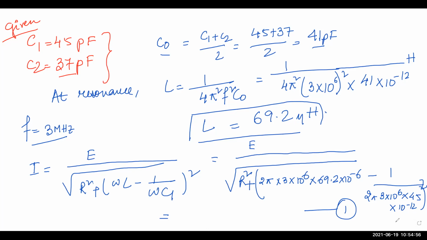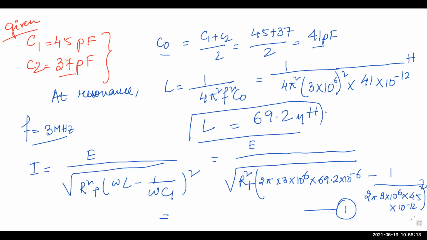The capacitor is now adjusted to a value of C0 and an added series resistance of 75 ohm is found to reduce the current to the previous value of I. So from this line, we can have another value for the current.